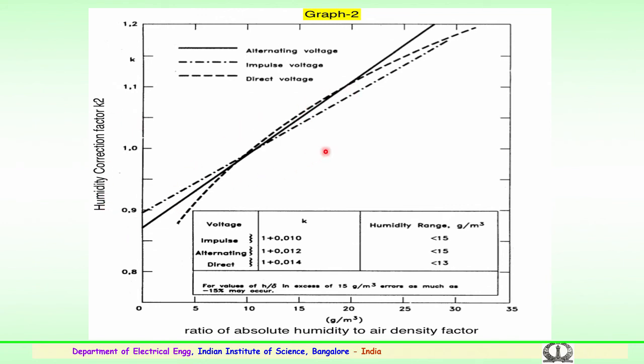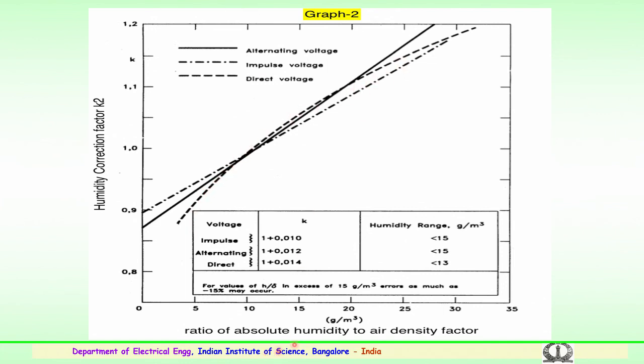Of the 3 curves shown here, the dark line is for alternating current voltages. In case experiments are performed with impulse voltages, you can see a dot and a dash line, which is the curve to be referred to for impulse, and in case of DC voltages, this is the curve to be referred to.